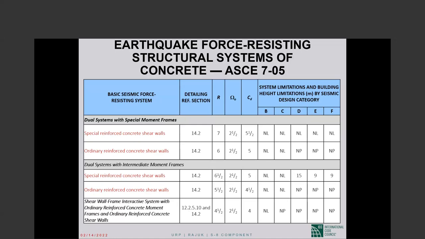So in a dual system, how will we calculate that the columns can take 25% of the shear? You don't. In a dual system, you need to do two separate analyses. One analysis is the shear walls and the frames together.